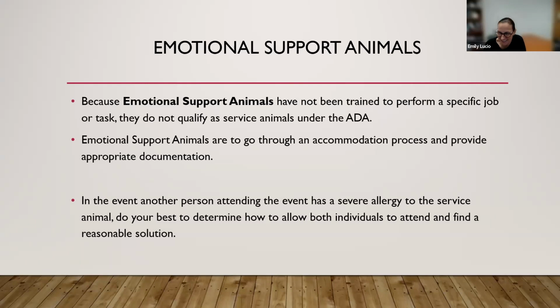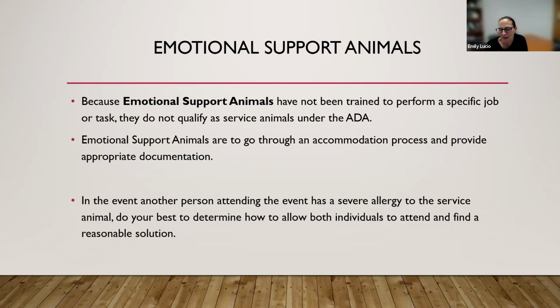The individual has to go through the accommodation process with the animal and provide the appropriate documentation. And once they do that, then it's determined whether they are appropriate. And 90% of the time for a student, for example, that means they're going to be allowed in the residence hall. It does not necessarily mean that they're going to be allowed in other public places on campus.